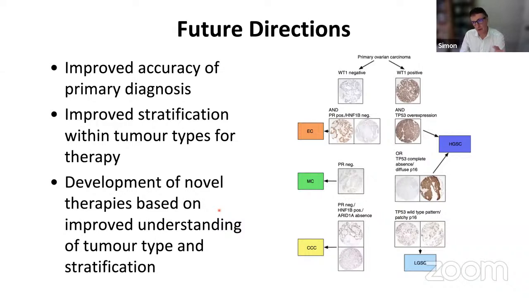The therapeutic options are very limited, largely at the moment to surgery, with some role for MEK inhibitors. That's expanding. So improving our understanding of these types and how they stratify will help us to develop newer therapies, and we can use the biomarkers that I've talked about as predictive biomarkers for response to those therapies.